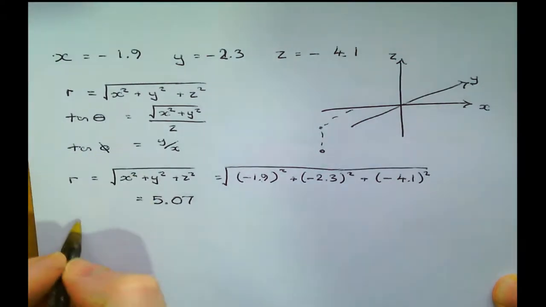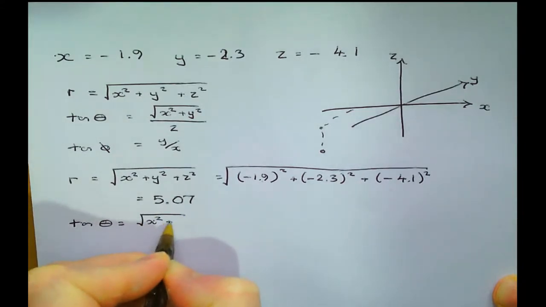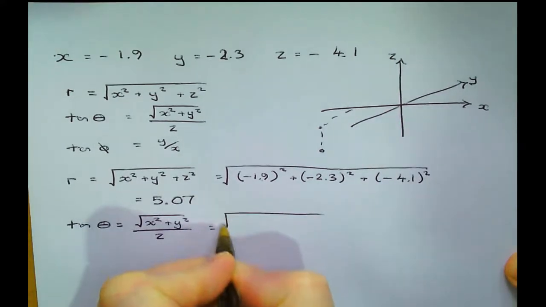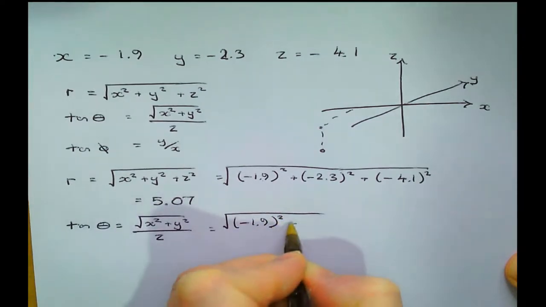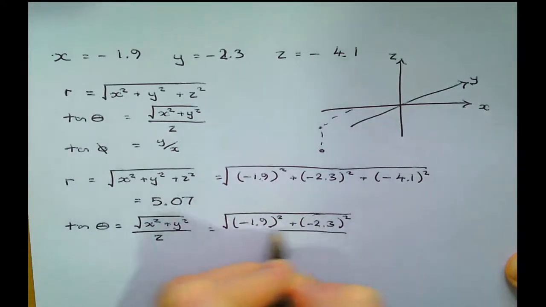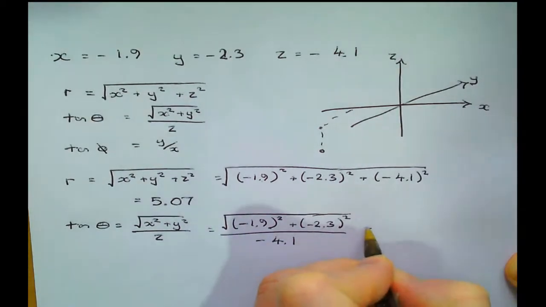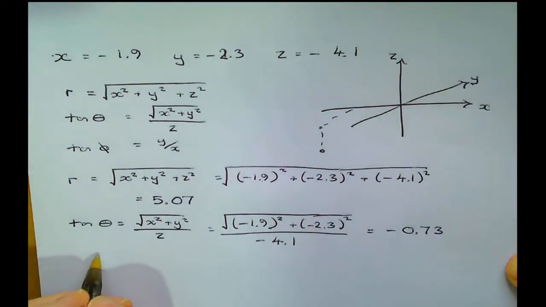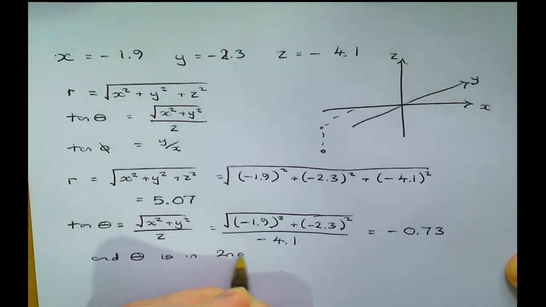Then theta, tan theta, square root of x squared plus y squared over z. So the square root of minus 1.9 squared plus minus 2.3 squared divided by minus 4.1, we get here minus 0.73. And of course we remember that theta is in the second quadrant.